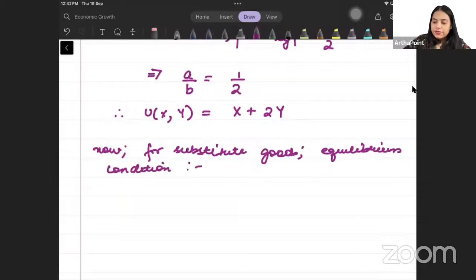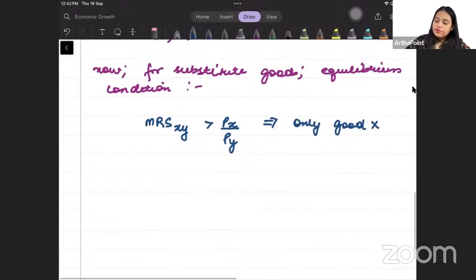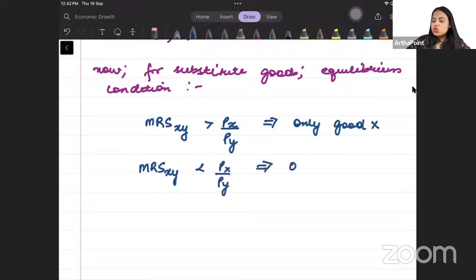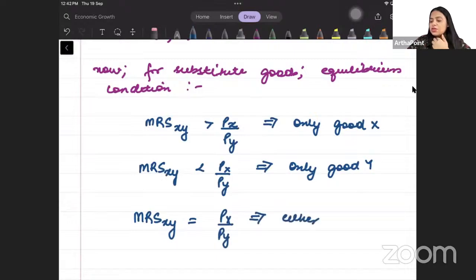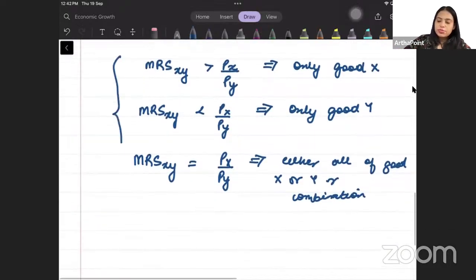If MRS is greater than Px by Py, you will consume only good X. If MRS is less than Px by Py, you will consume only good Y. And if MRS is equal to Px by Py, then you can consume either all of good X or Y or a combination of the two. This is your equilibrium condition.